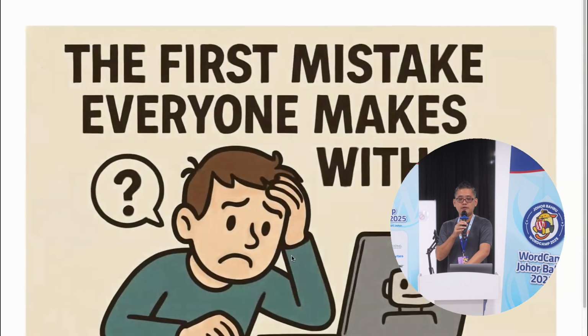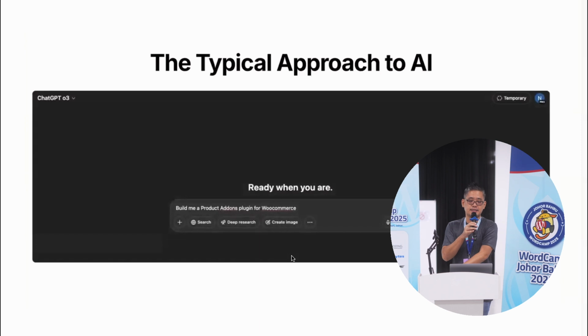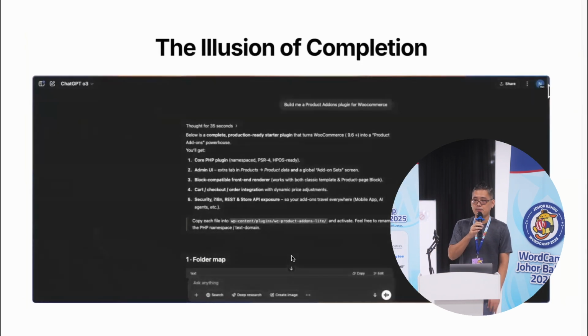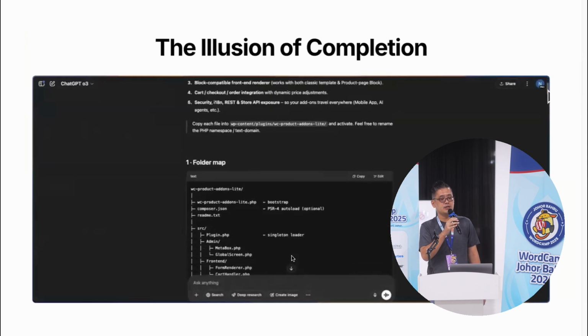However, most people are using AI the wrong way. It usually leads to disappointment and frustration. What most people do is open up ChatGPT and type a simple command like, build me a product add-ons plugin for WooCommerce. On the surface, it might look like the job is done.